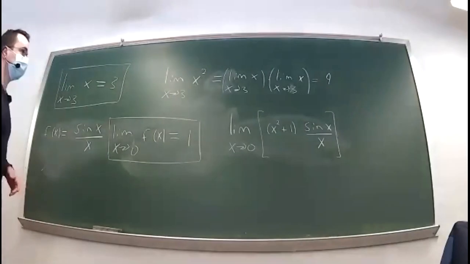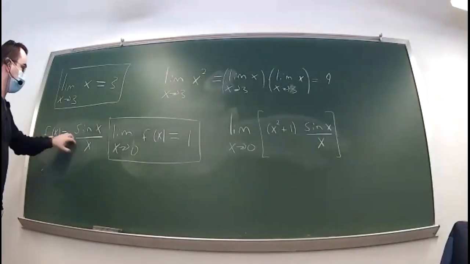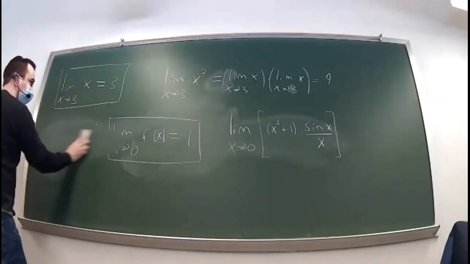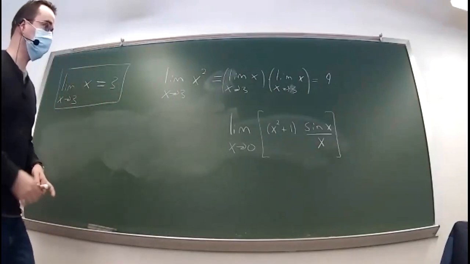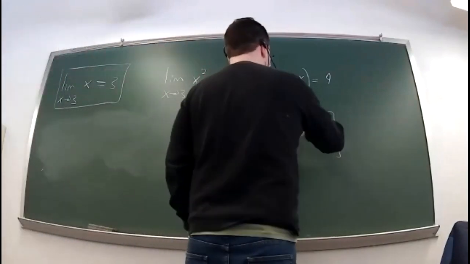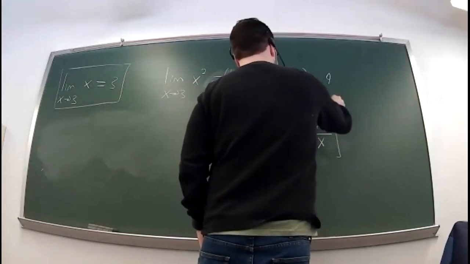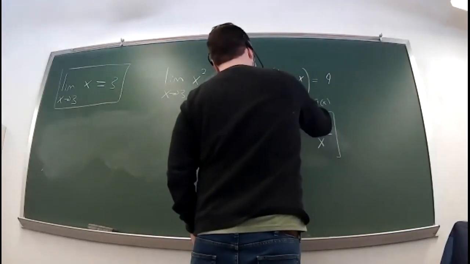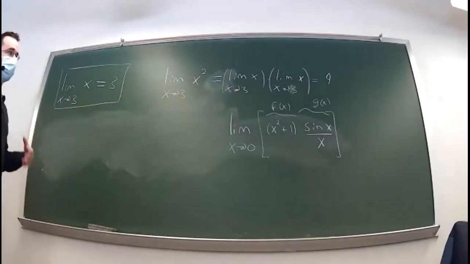So I'll just say, since I know that the limit of sine x over x is equal to 1, since I know that already, that's what I want to use to solve this problem. So in fact, I want to break this up as, maybe I'll take this to be my g of x. Maybe I'll take this to be my f of x. So that I've got the limit now of f of x times g of x.